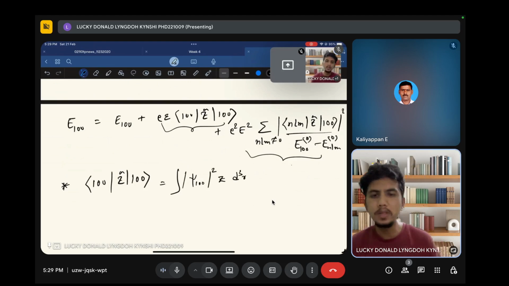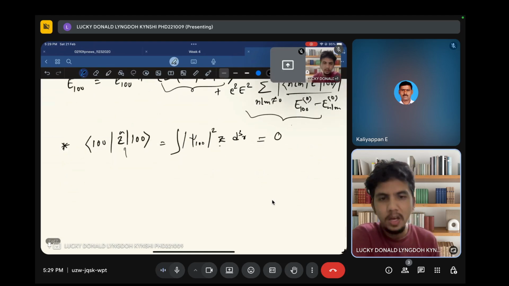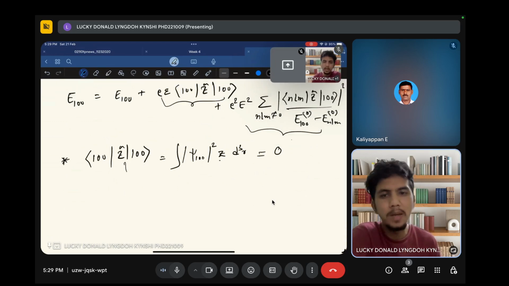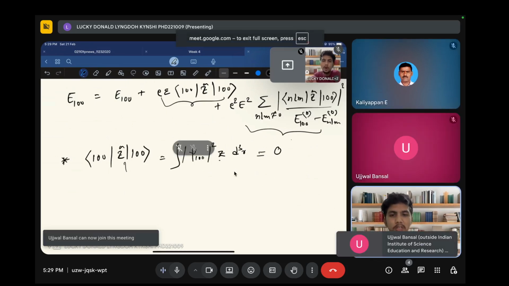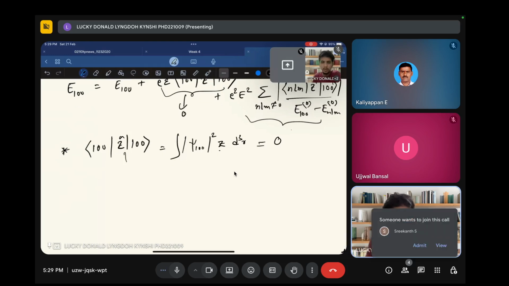If you want to convert into a 3D integration, you will get psi_100 squared, z, d cubed r, where z comes from here, and this term is equal to 0. You don't need to compute it. So the ground state hydrogen atom's first order correction term is 0. That means this term goes to 0.